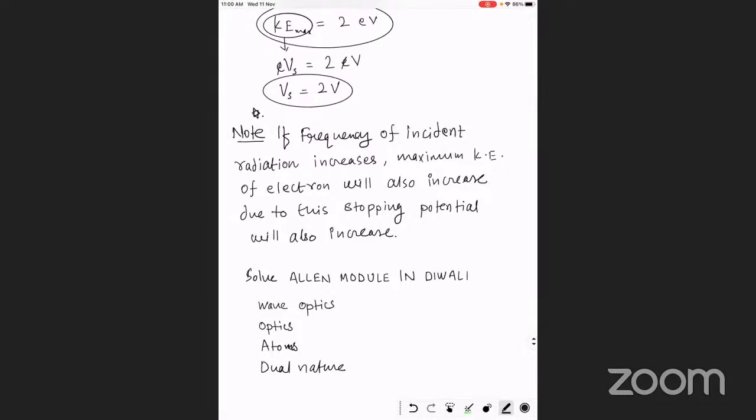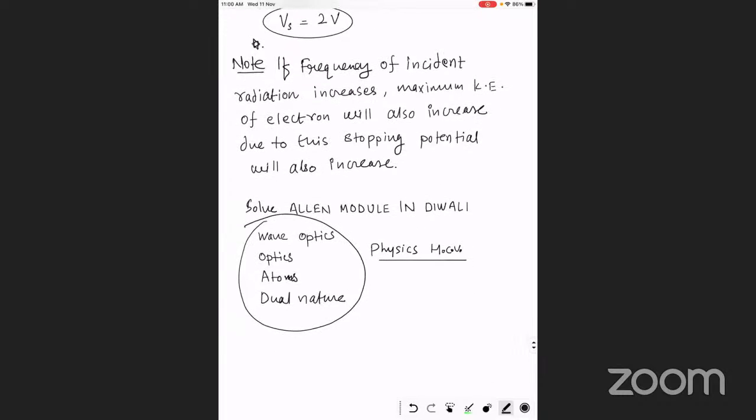Dual nature, this much you can do. Okay, physics, this is physics. And if you have completed your Allen module, then do it again. And if you have done it 2 times, then solve SC Verma for these 3 chapters. Okay, solve SCV. Understood? This is your Diwali assignment apart from speed lab practice.